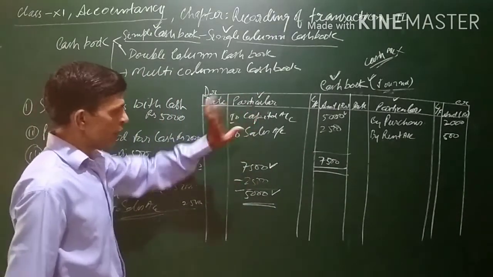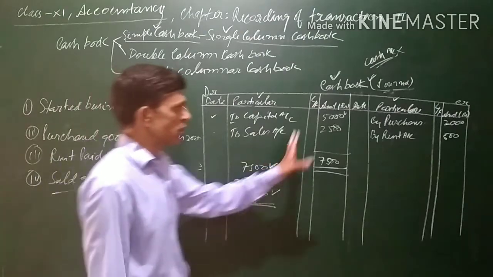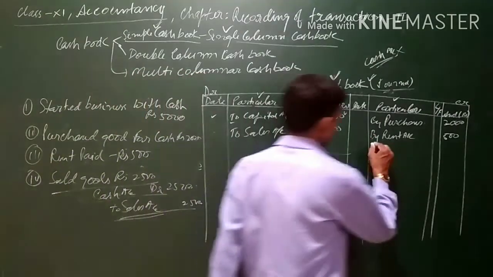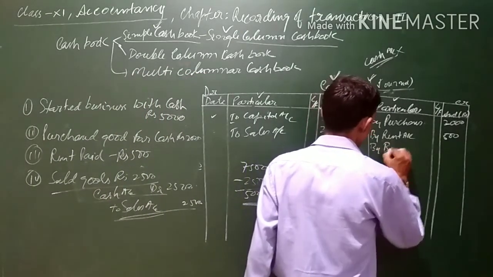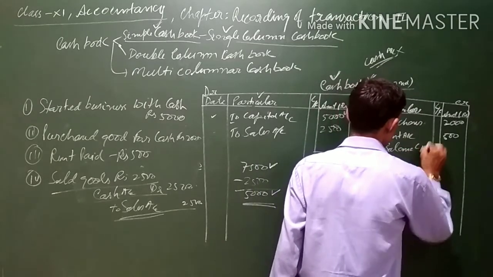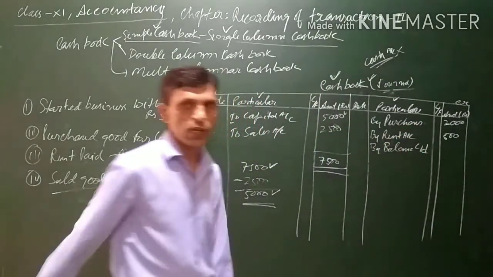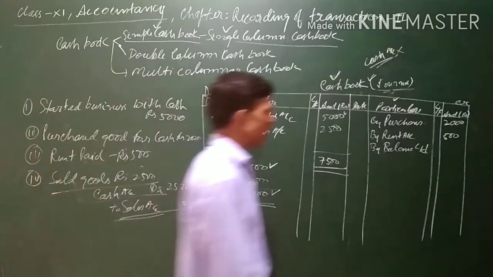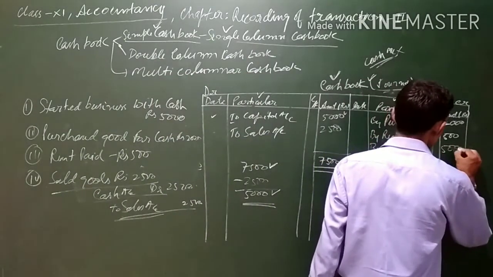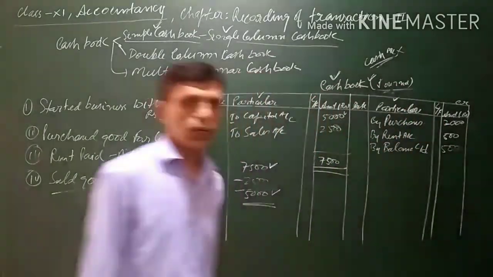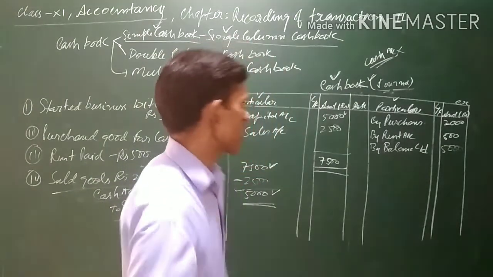So this is the balancing figure: on the side which has the lesser total, we write by balance carried down. It means this balance will be carried to the next accounting period. And the balance which will be carried is 5,000.